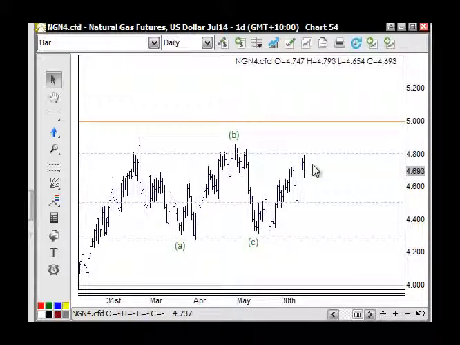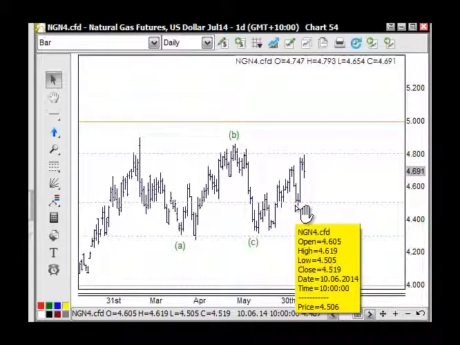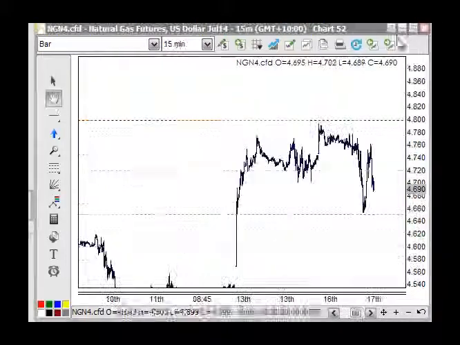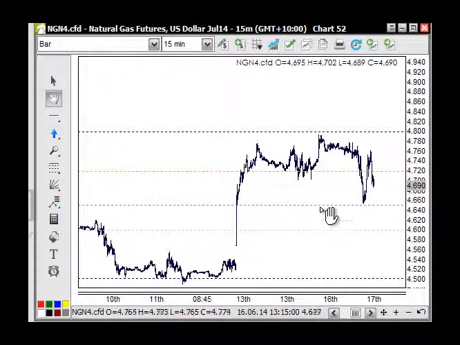This particular structure up here is not a good looking structure. There's overlapping wave structures from this high to this low here. So in counting this 1, 2, 3, 4, 5 with the overlapping structure here, it's not a nice looking structure. In fact, none of these are really nice looking structures. This is not too bad for an A and a B and a C, but look, anyway, it's not the best.